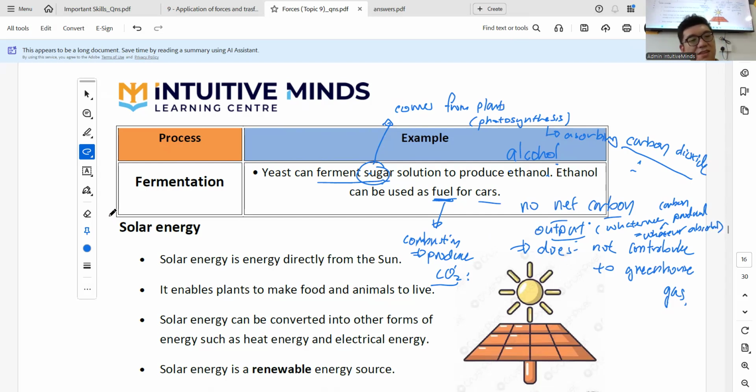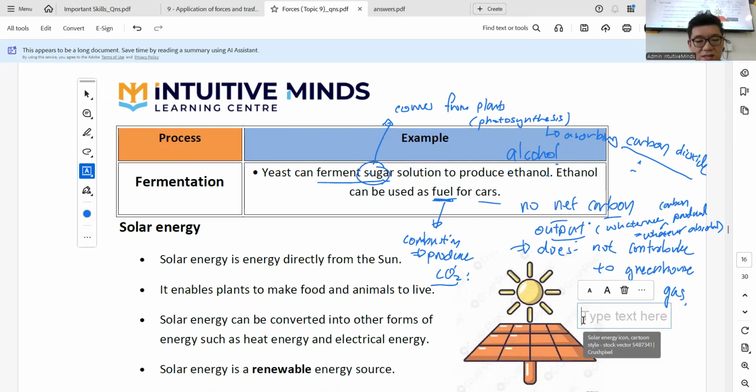Whatever amount of CO2 produced is absorbed by plants for photosynthesis.